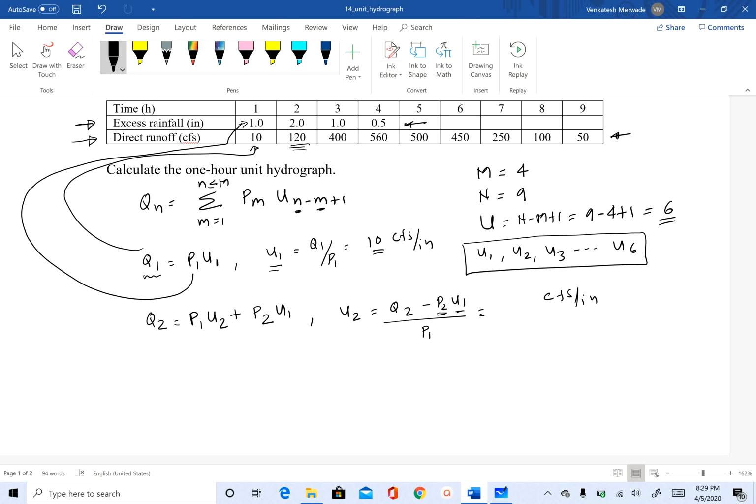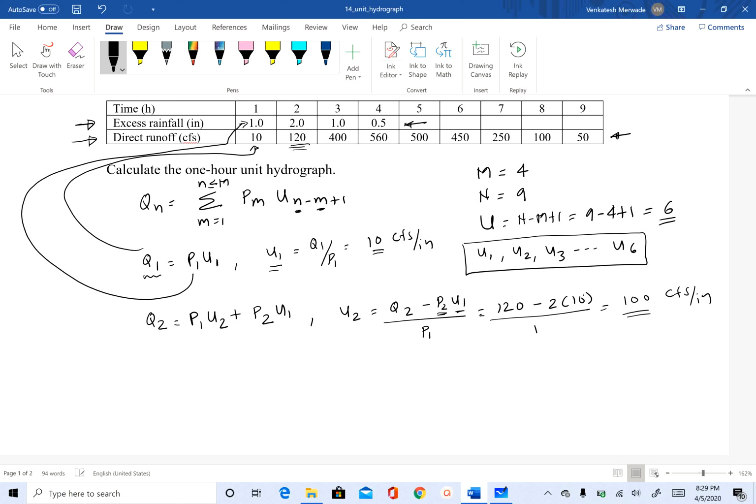In this case we have done only 2, but let's compute the value. Q2 is 120 minus P2 which is 2, times U1 which is 10, divided by P1 which is 1. So this will give you 100 CFS per inch.